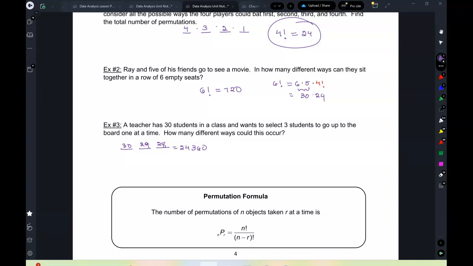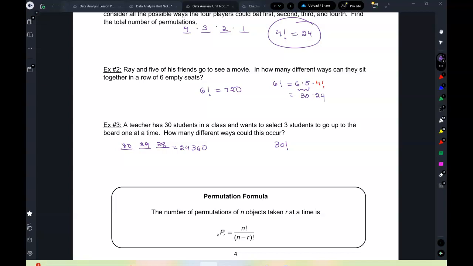Well, basically, we started doing 30 factorial. Is that right? We started doing 30 factorial and then we stopped short. So imagine if you had done 30 factorial, what would you have had here? The continuation would be 27, 26, 25, 24, 23.